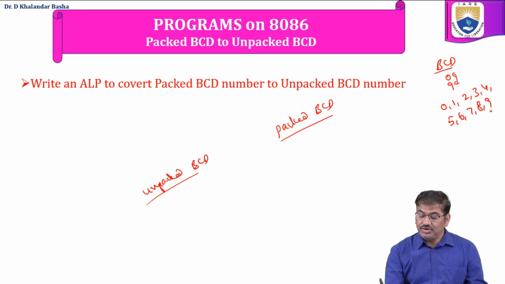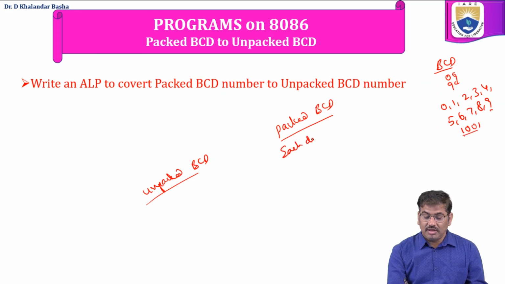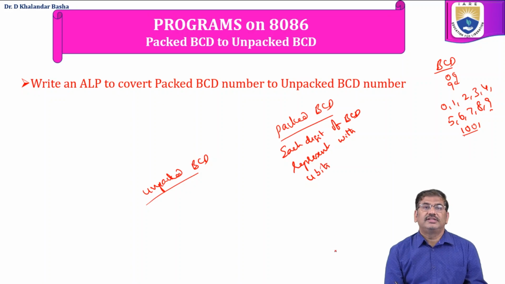For representation of the maximum number, that is 9, we require 4 bits. If each digit of BCD is represented with 4 bits, it is called packed BCD.